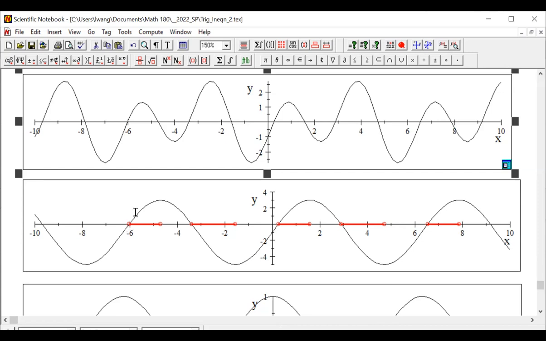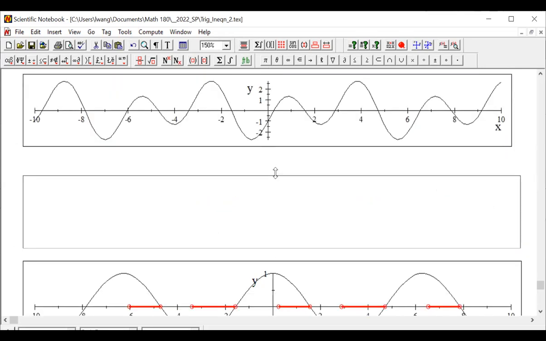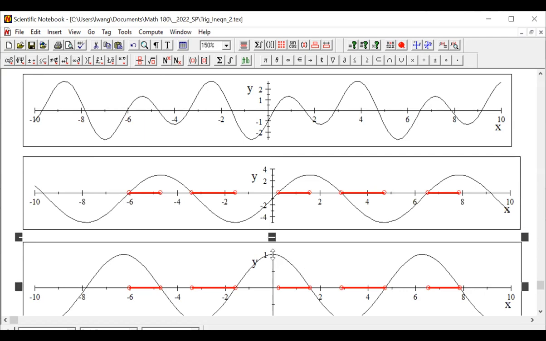Okay, you still need to identify. You can see, obviously our solutions are correct, right? Hold on. Okay, I want to show all 3 pictures to you.